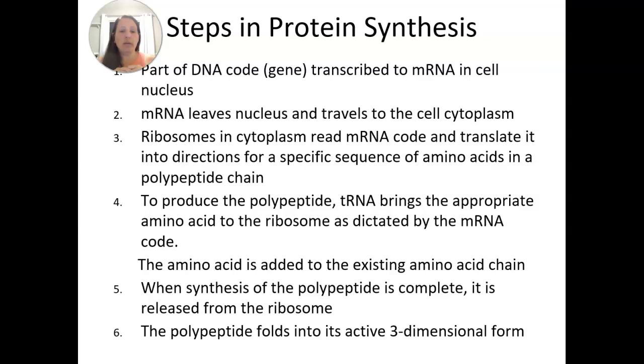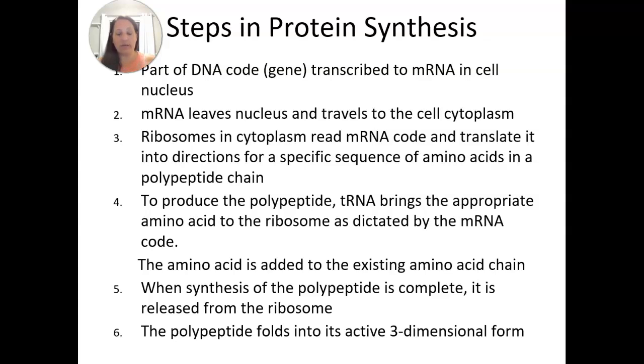Okay? To do this, the ribosome has to bring in the appropriate tRNA carrying the right amino acid according to the message found in the mRNA. Amino acids that get brought in get added to the existing amino acid chain. That happens via dehydration synthesis.